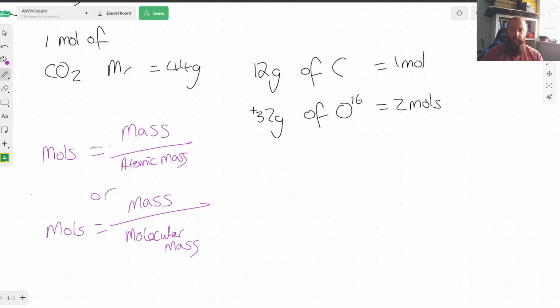So for this one over here, moles equals 32 grams divided by the atomic mass, equals 2 moles. So make sure you've got this formula down somewhere. We're going to be using it a lot, and hopefully it makes sense. That's the base formula that we're using as we work our way through.